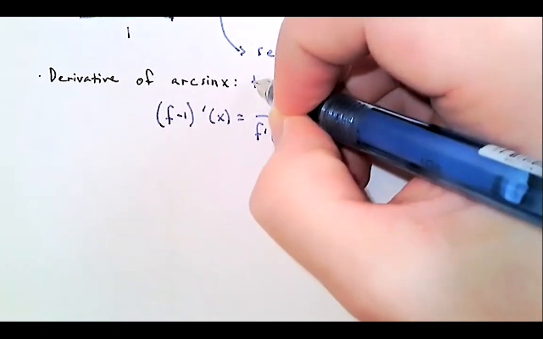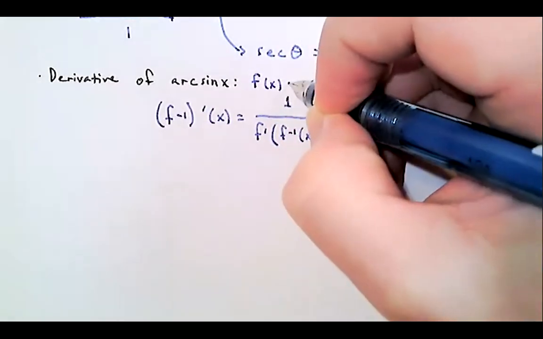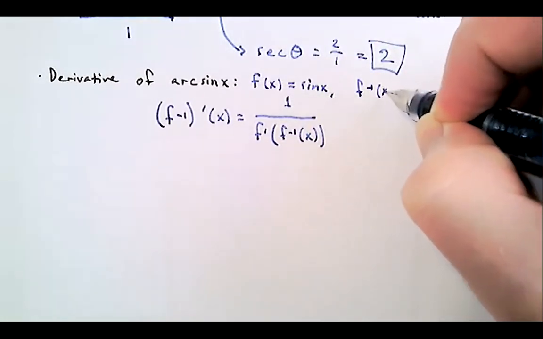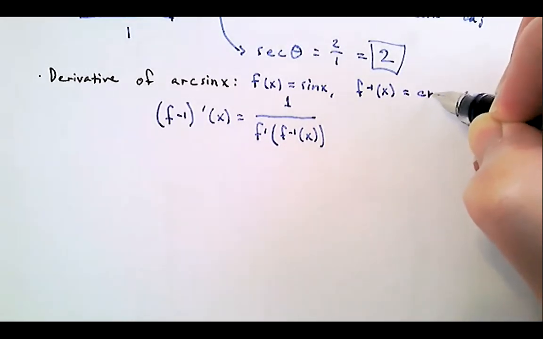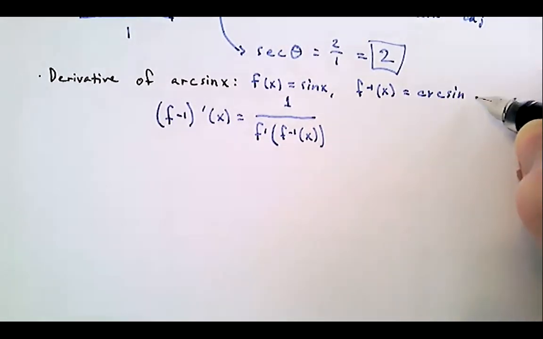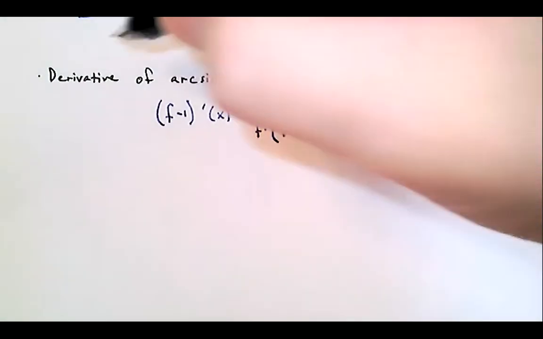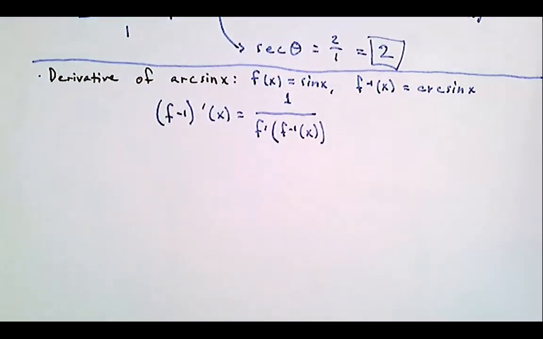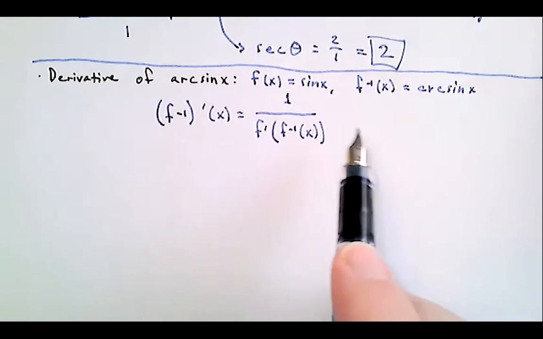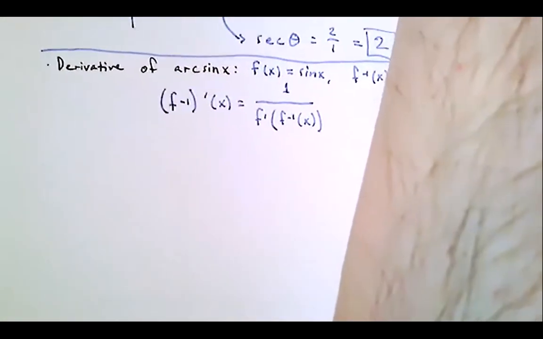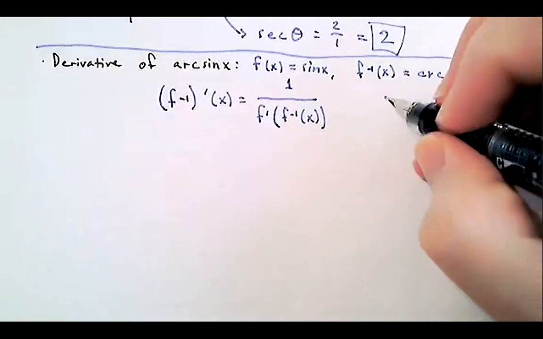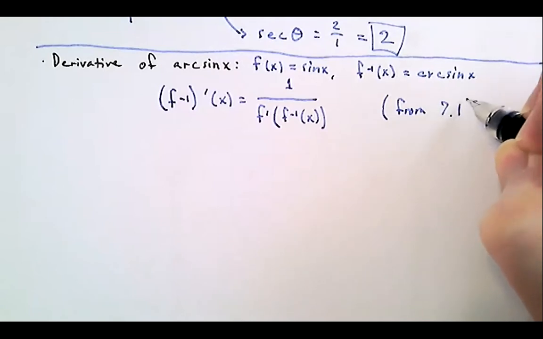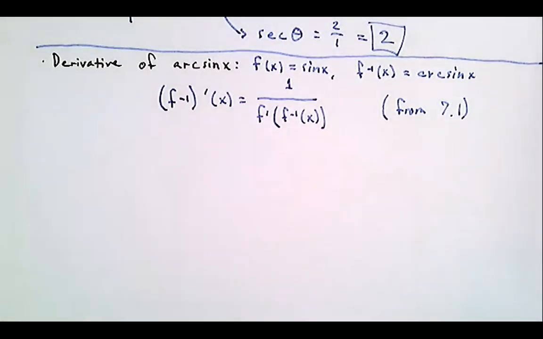So the function f is just sine x, and then the inverse function is arc sine. So let's start plugging this stuff into the formula that we learned in 7.1 to see if we can work out the derivative for arc sine.